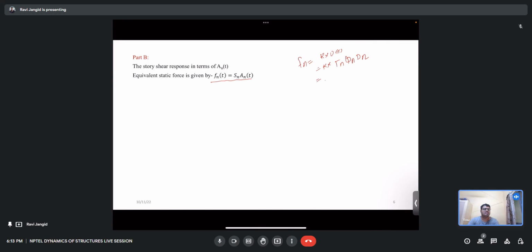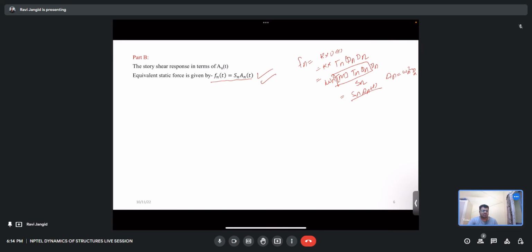And k can be written as omega square times the m matrix times gamma n times phi n times dn. As discussed in the last slide, that is Sn, and An(t) is omega n square times dn(t). So that becomes Sn times An(t). This way we have found this.